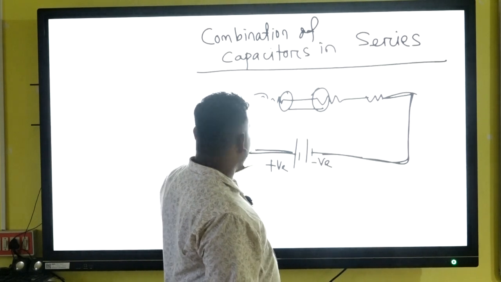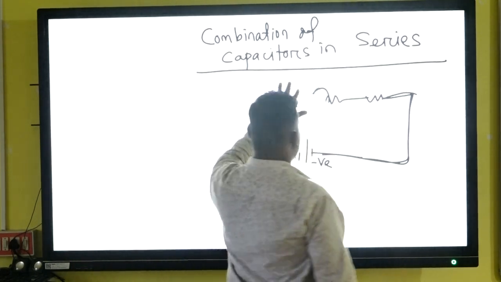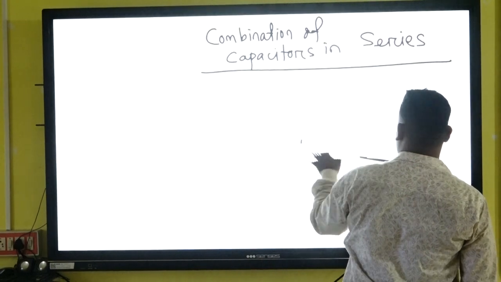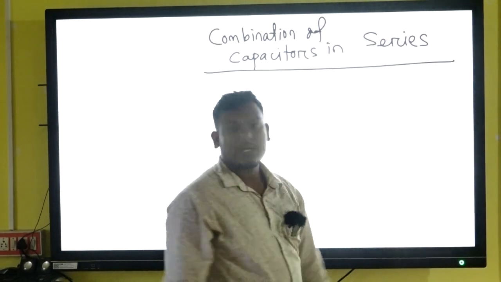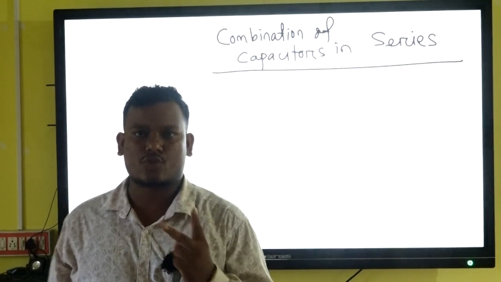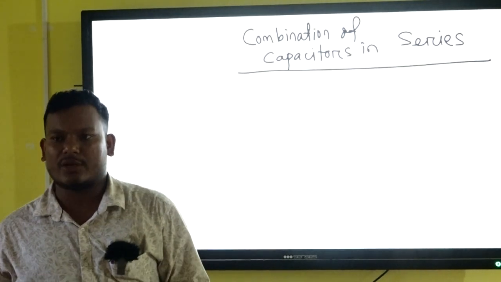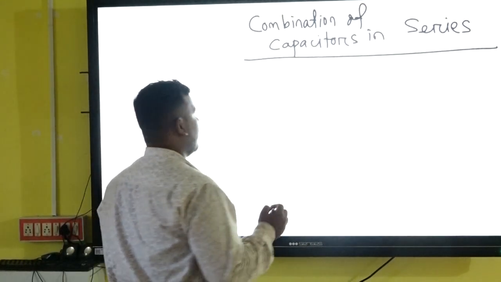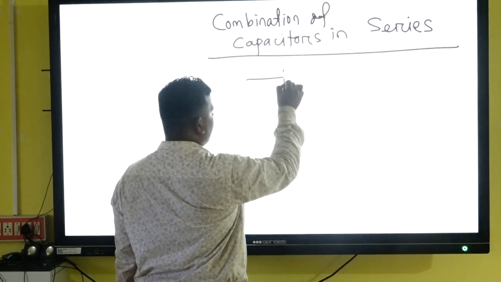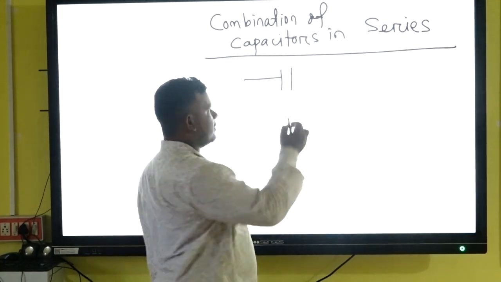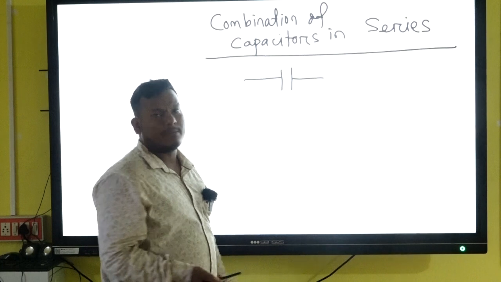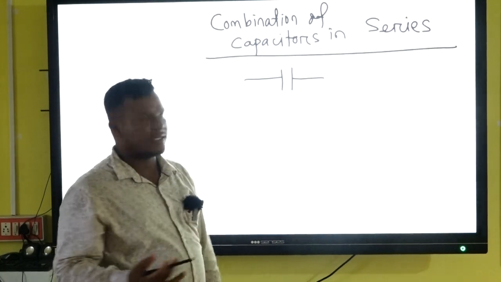What happens in capacitance? You have already been taught that a parallel plate capacitor contains two plates. One is the positive plate and the other is the negative plate. So we have different capacitors like this. This is one capacitor. This is the symbol of a capacitor.